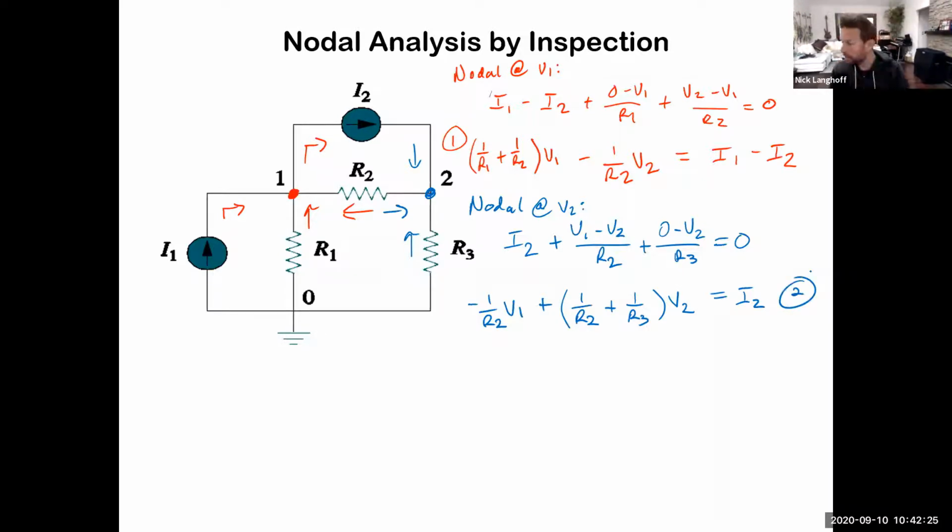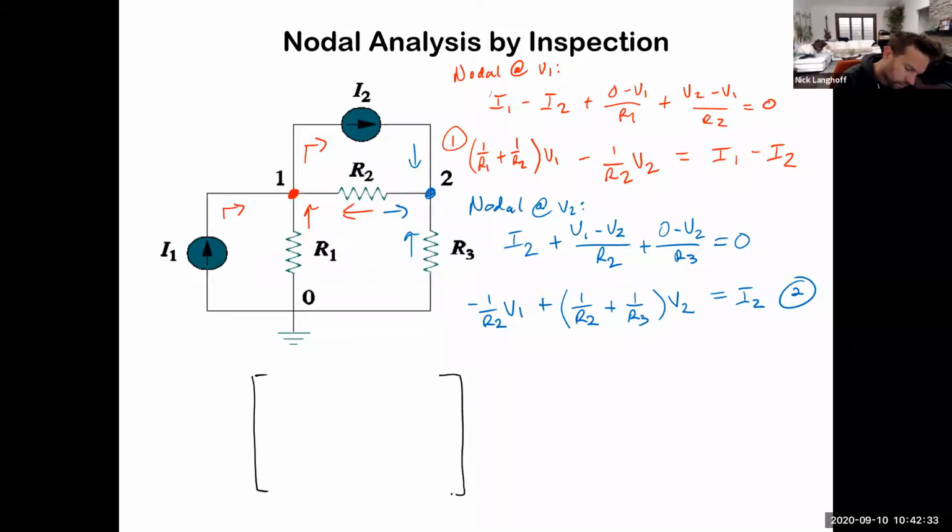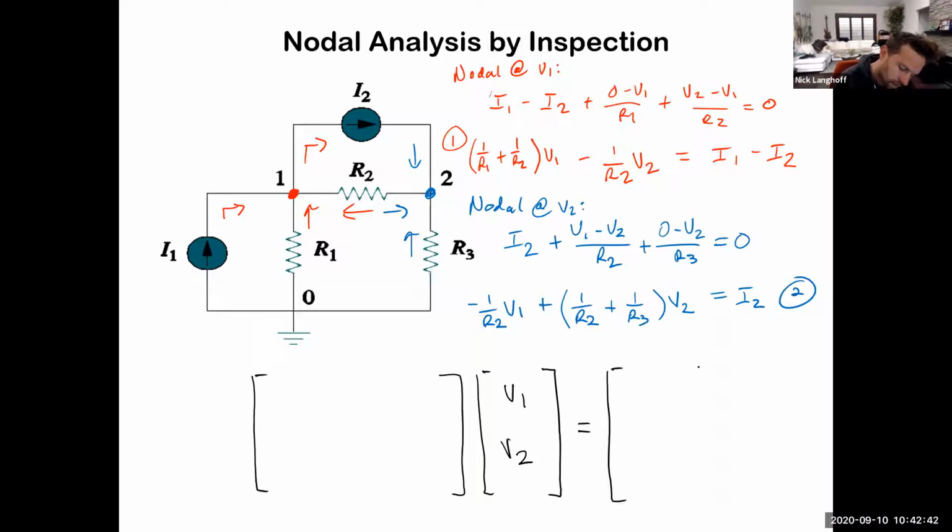I'm going to put this into matrix form now. So the node voltages are V1 and V2. Let's look at equation 1.